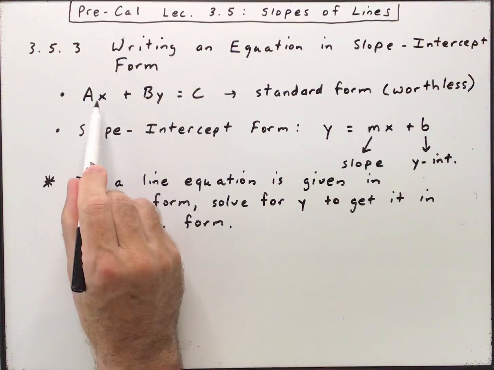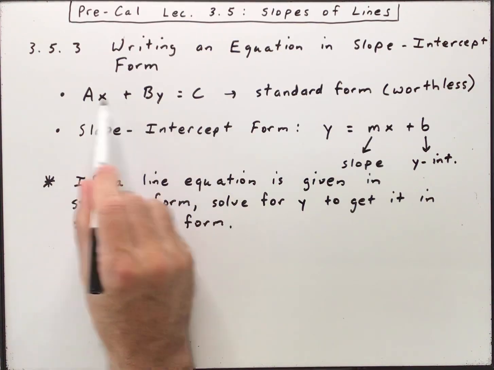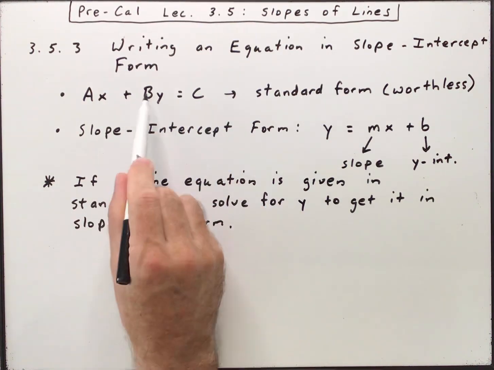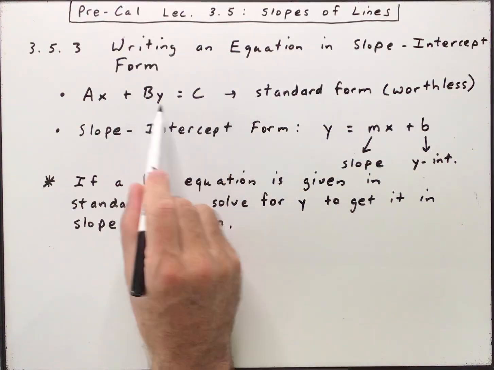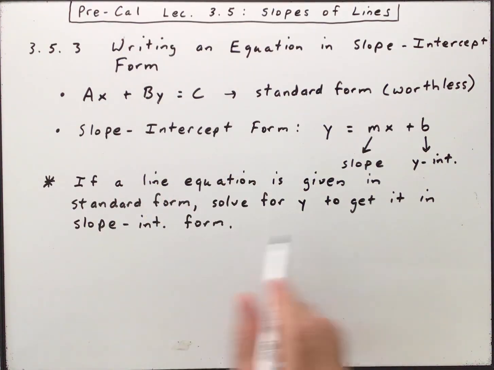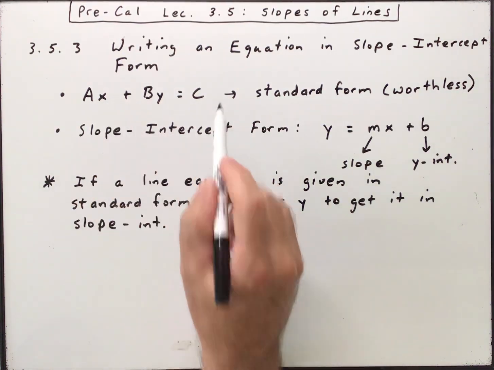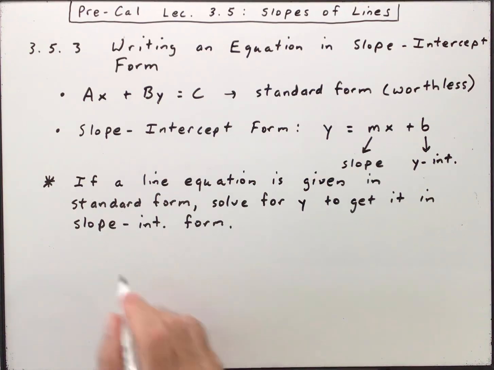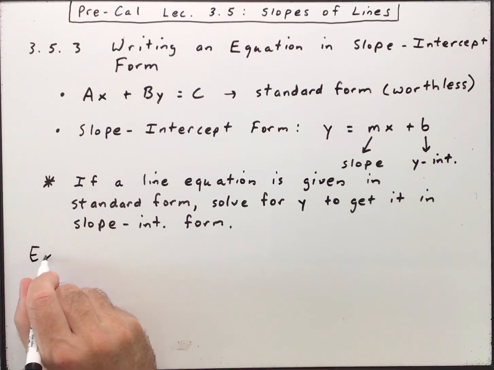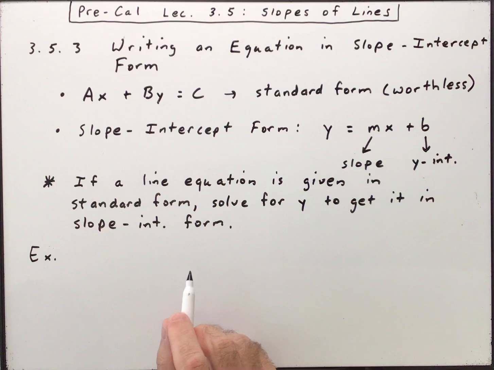Okay, so all we would have to do is move that ax over to the right, divide both sides by b, and we have y equals something, and that will put this in slope-intercept form. So you have to do that on the homework a couple of times.